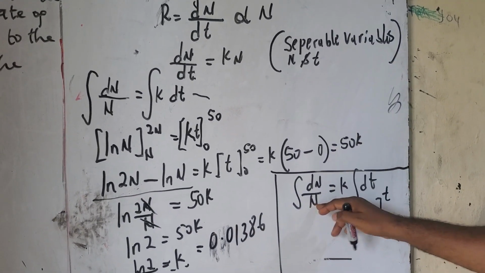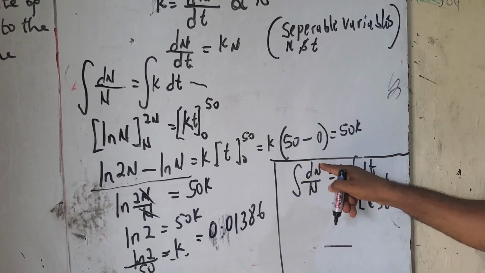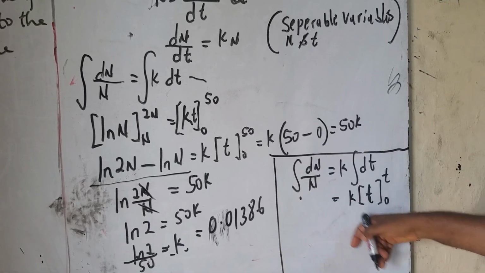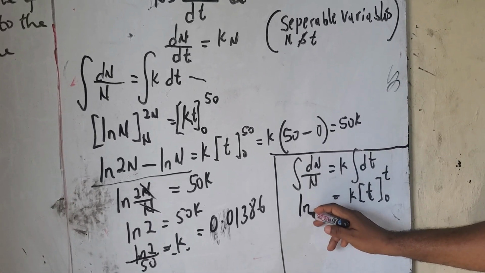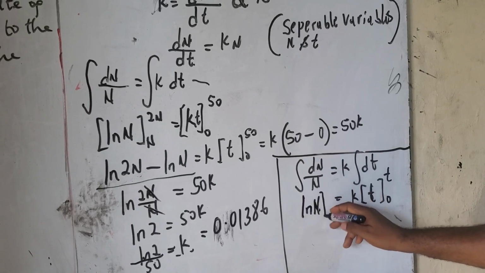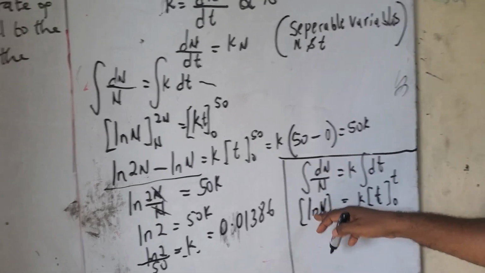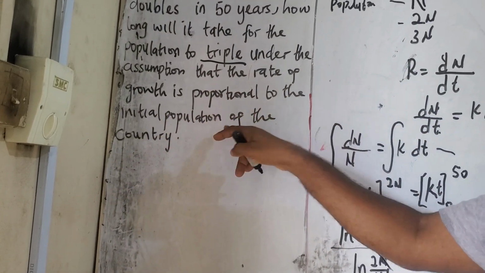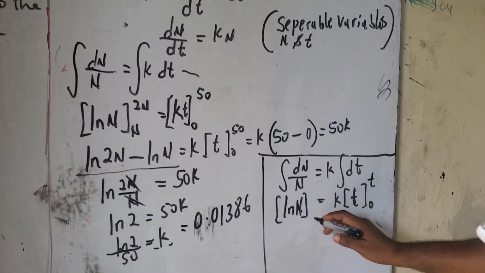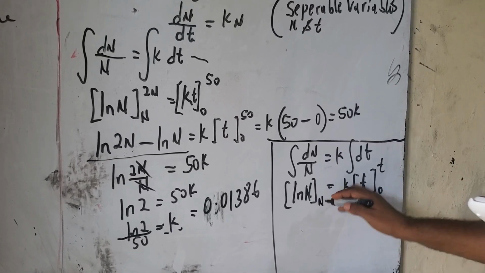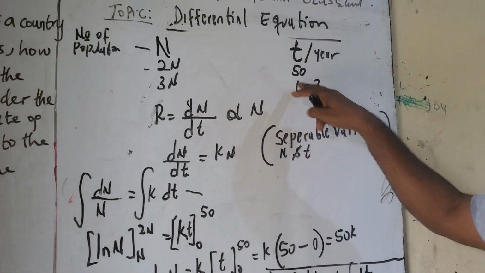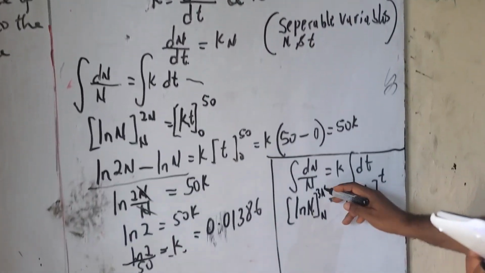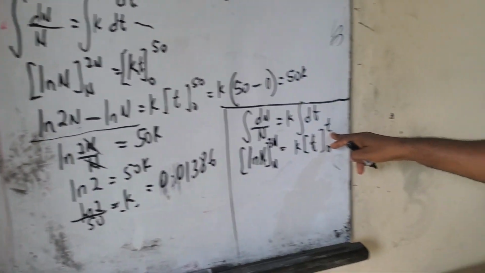And the integral of dn divided by n from standard integration is ln n. According to what the question says, the rate of growth is proportional to the initial population. So the initial population is n up to 3n, because it's triple at time t.